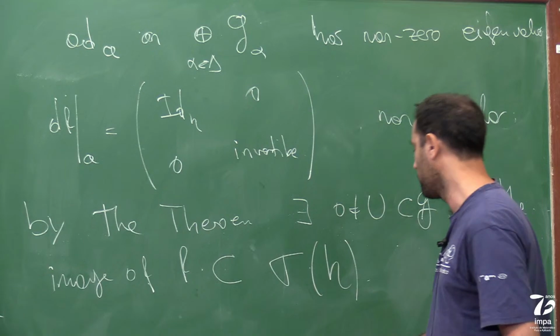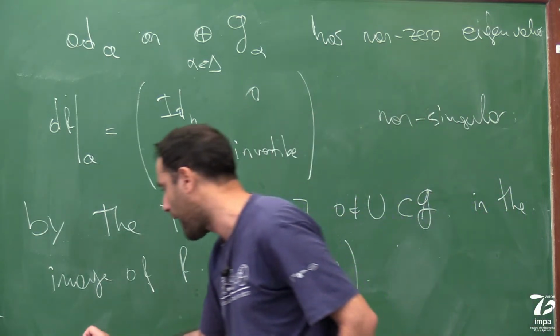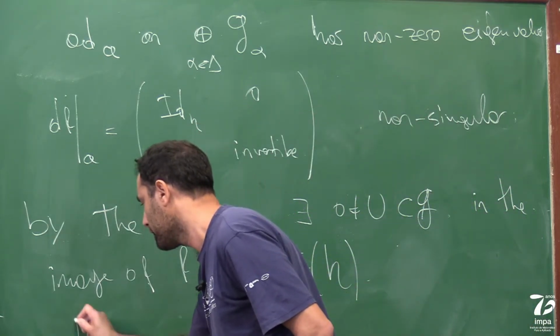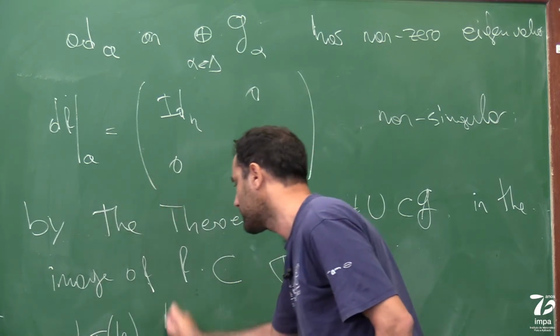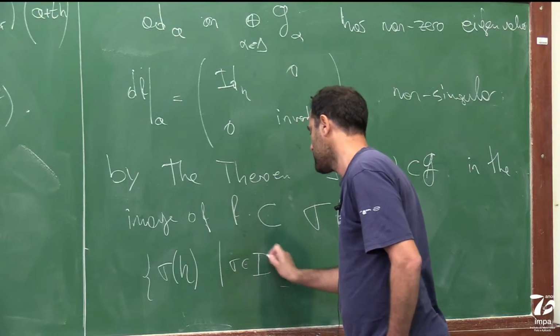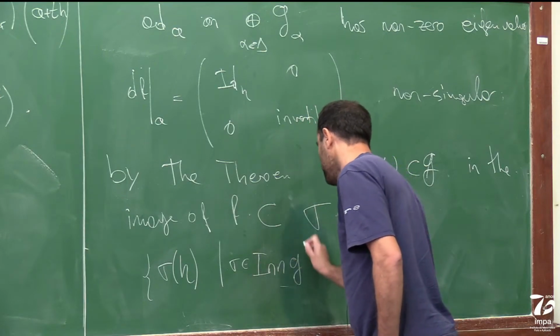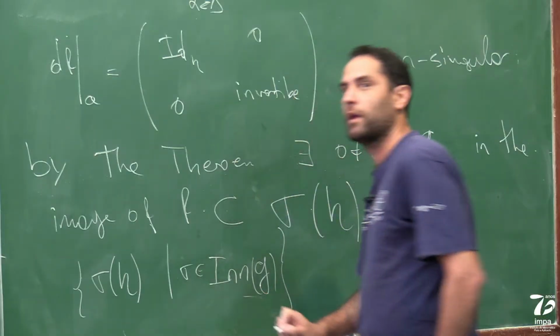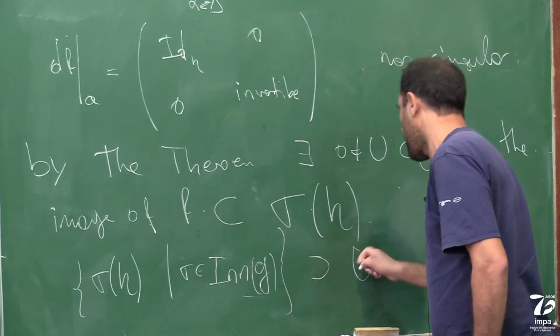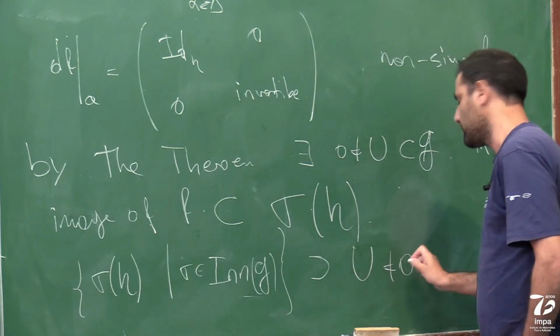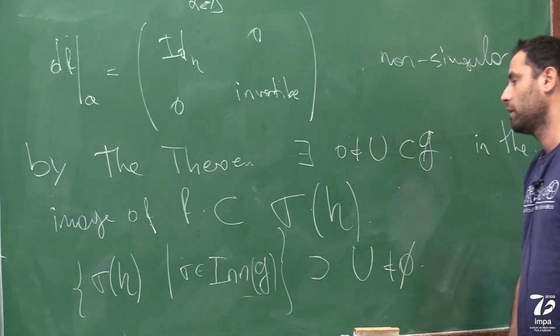So what we're saying is that if I look at the set of the form sigma of H, where sigma is an inner automorphism of G, then this set contains a non-trivial open Zariski inside of G.